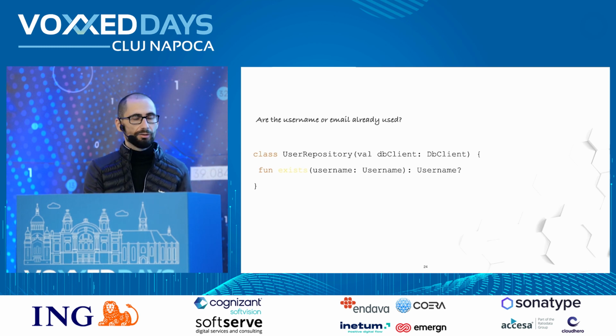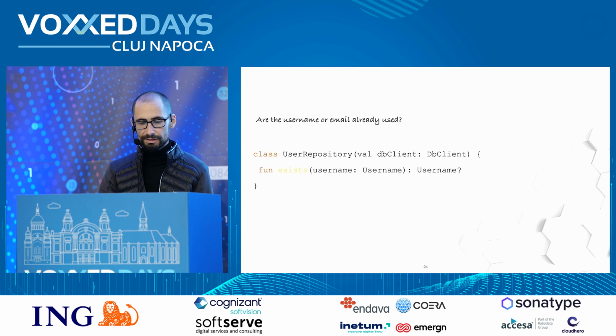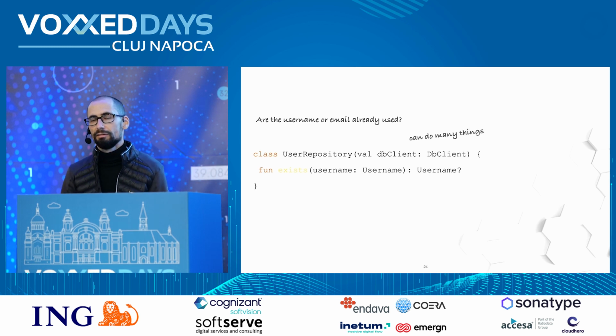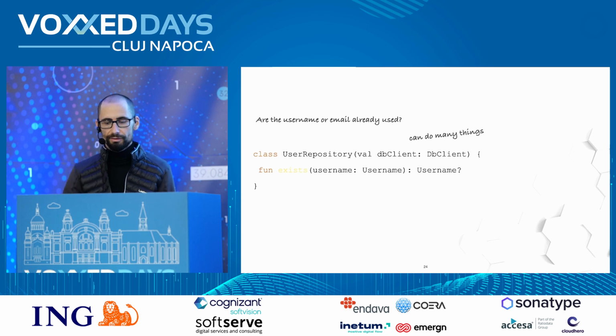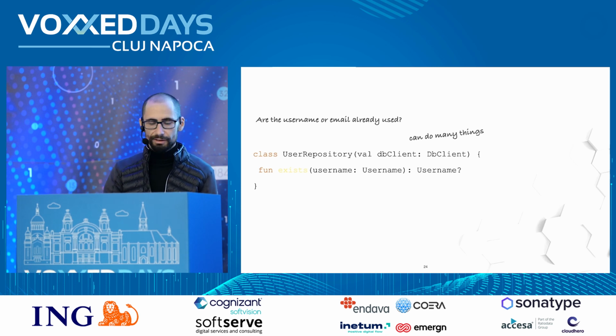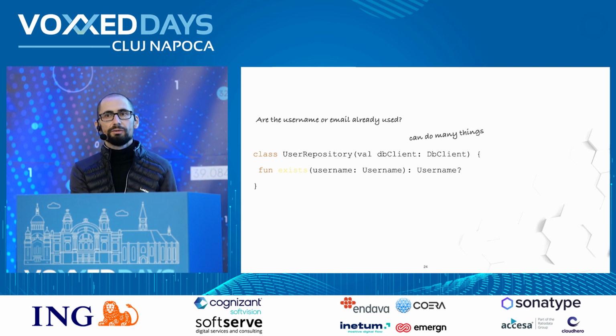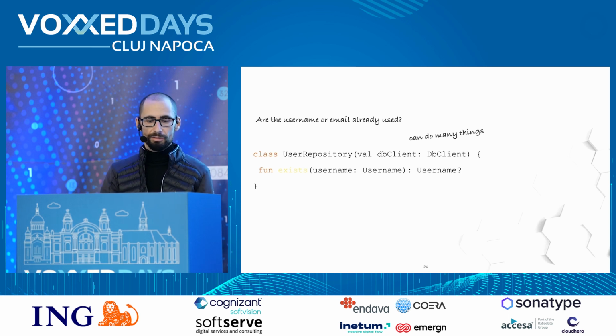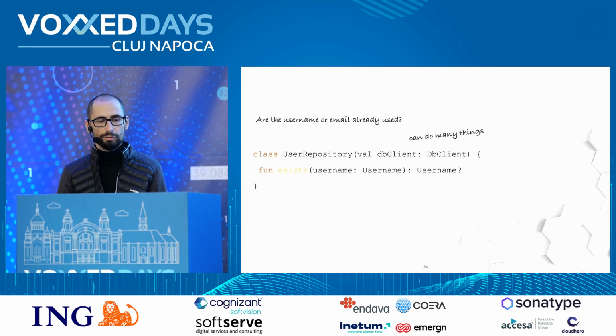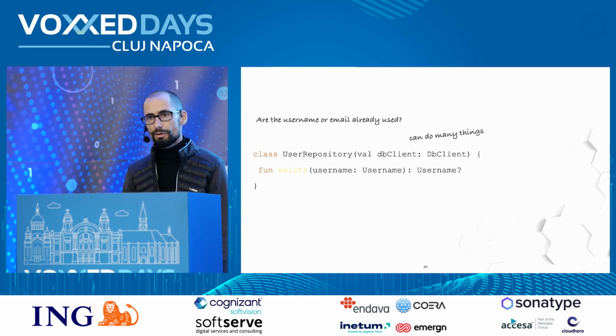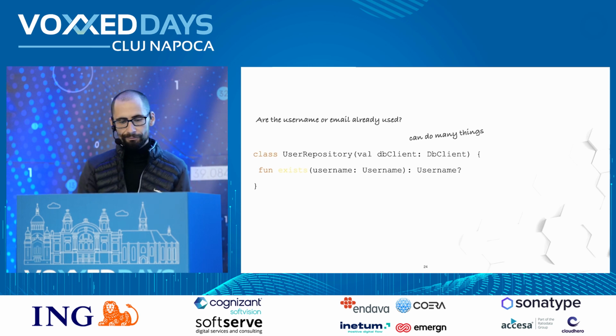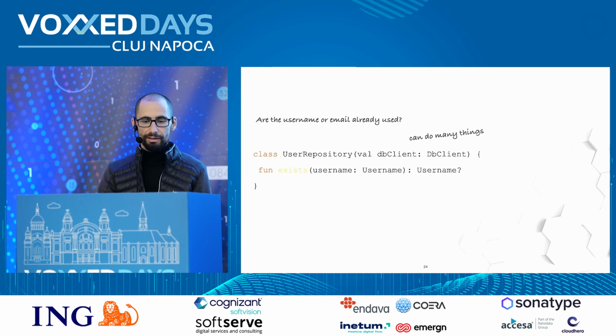However, I personally don't like this for several reasons. One of them is that the database client, or whatever template from Spring or another framework we're using, can do a lot of things. So instead of my function checking if a username exists, it could potentially do something more, because it can. So I don't really like it.